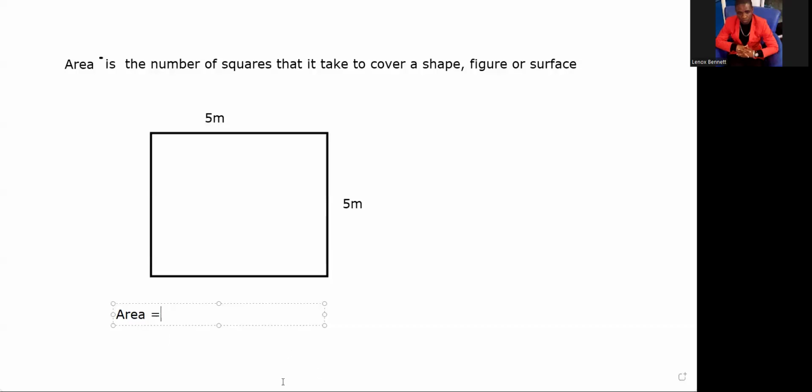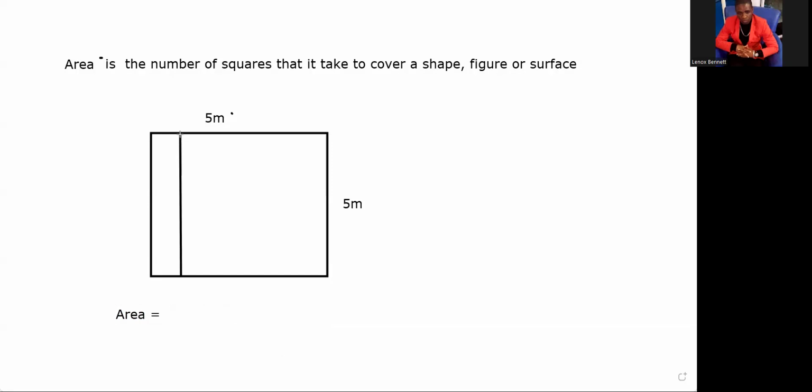All right. So we're gonna find the area of a square with length 5 meters by 5 meters. Again, before we multiply, let's do it without the multiplication. So we have 5 here, so we're gonna have 5 going down.